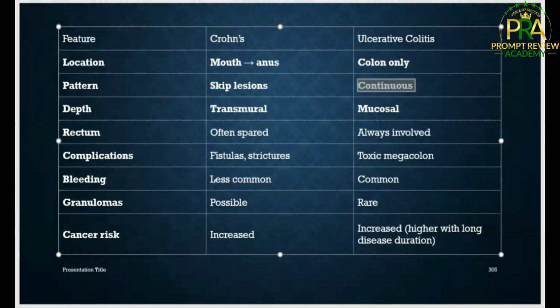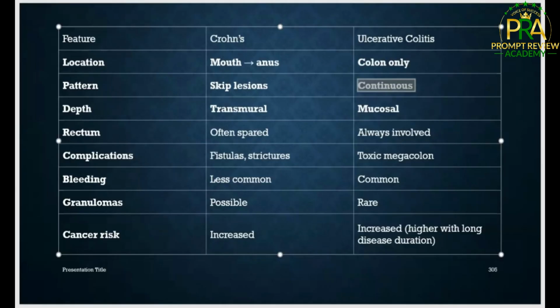The complication for Crohn's is usually fistula, but for ulcerative it is toxic megacolon. And for cancer risk, Crohn's has an increased risk, but ulcerative has a higher risk, a much higher risk.